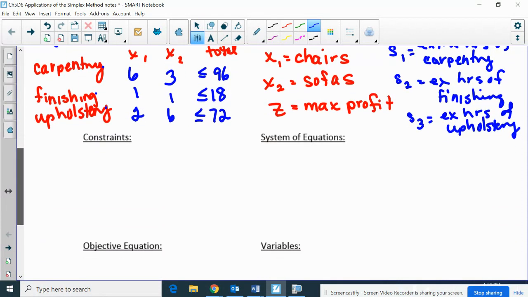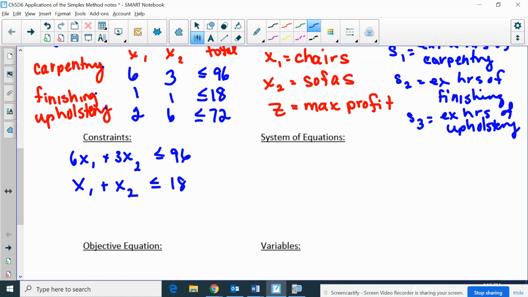Okay. So now using the data that I took above, the constraints, I'm going to write the inequalities that come from these. So 6x sub 1 plus 3x sub 2 is less than or equal to 96. 1x sub 1 plus 1x sub 2 is less than or equal to 18. 2x sub 1 plus 6x sub 2 is less than or equal to 72.